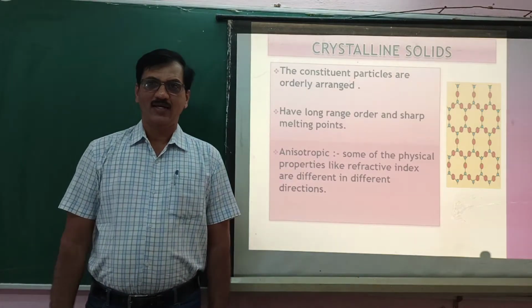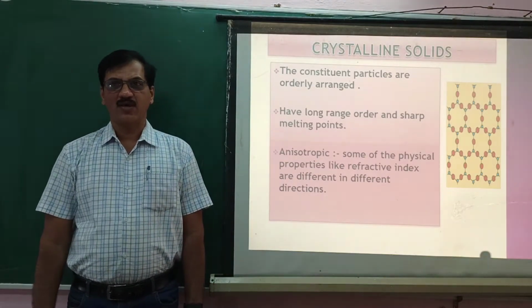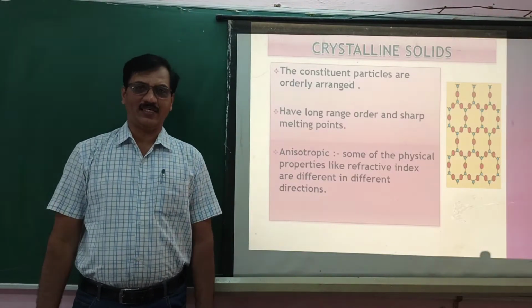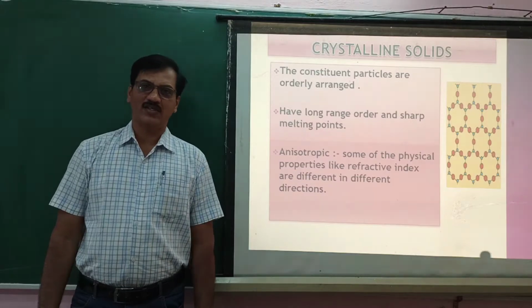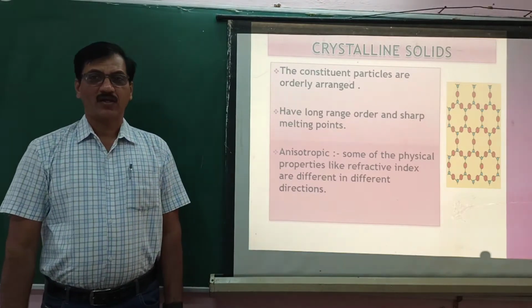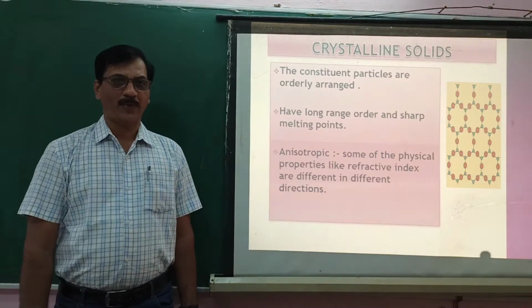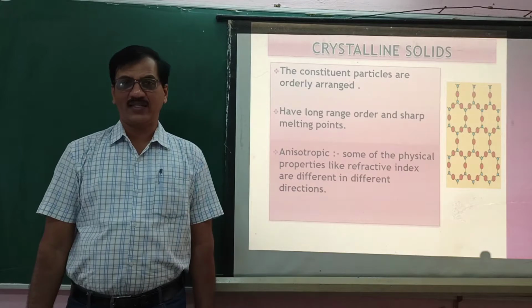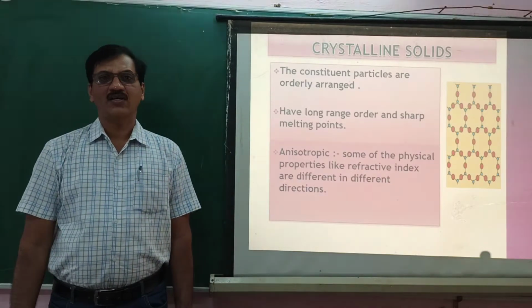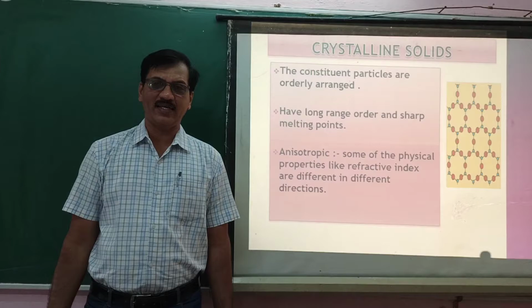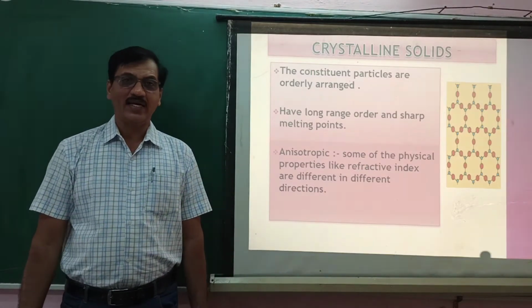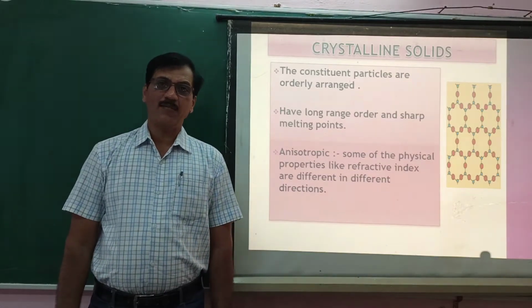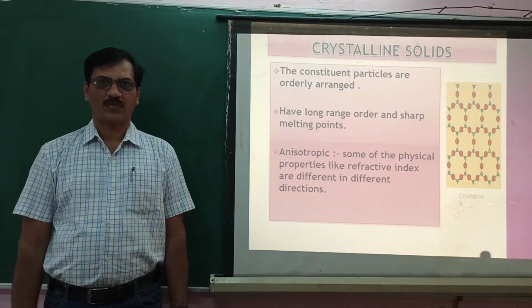Anisotropic means some of the physical properties measured from different directions are different; they get different values. That means if you measure some property like refractive index or conductivity, it is different at different angles of a solid. But amorphous solids are not so.